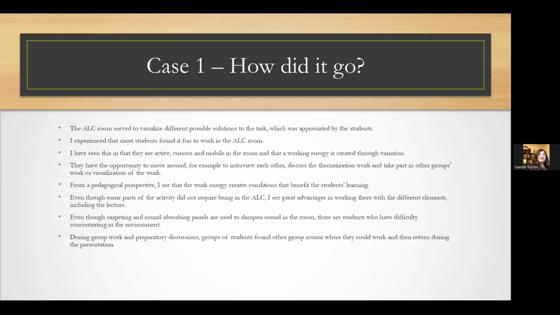I have seen this in that they are active, curious, and mobile in the room, and that working energy is created through variation.